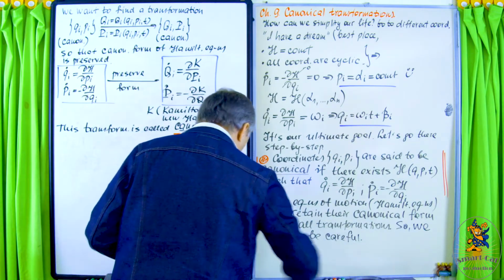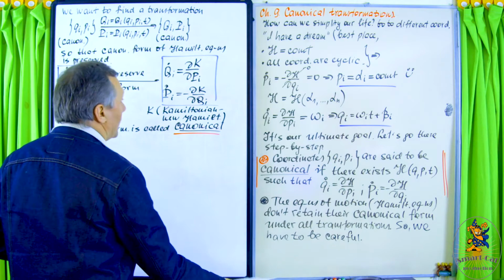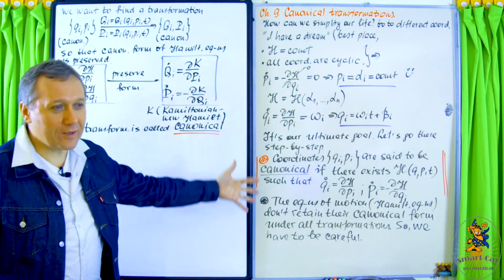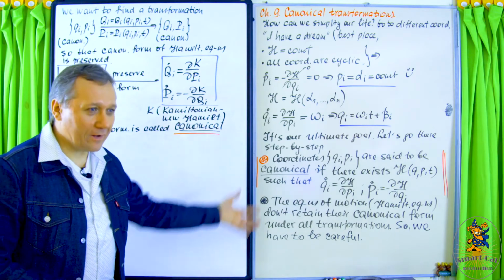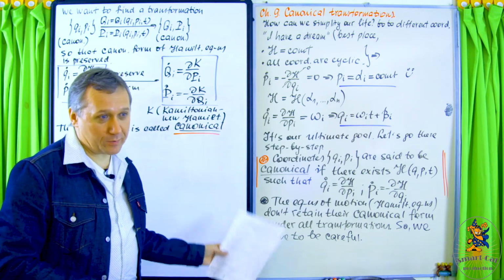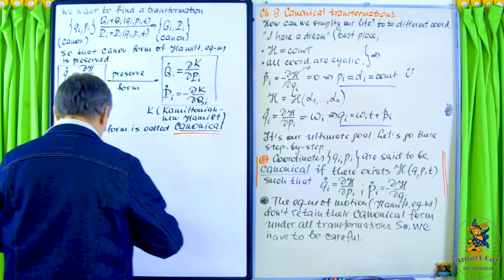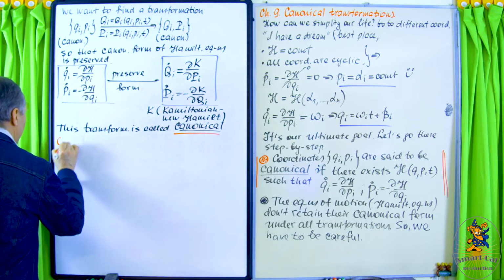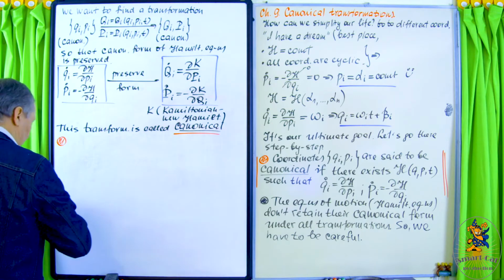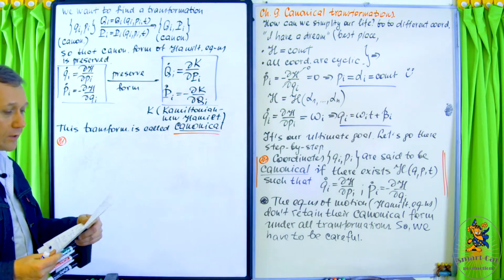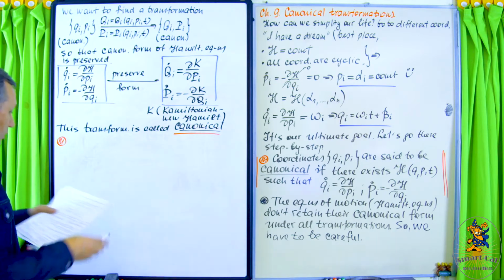Okay, so basically it was all still an introduction to this chapter. And now finally let's get actually the conditions. Let me put a new bullet down. Let's derive conditions which guarantee canonical transformations.